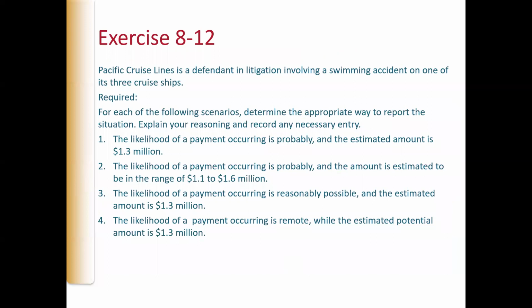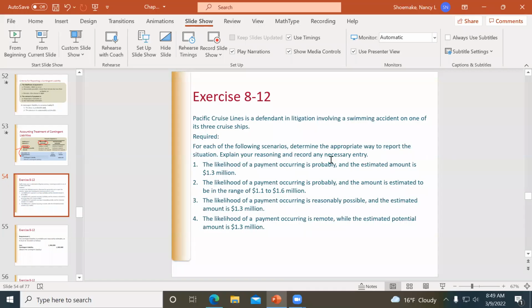So let's look at this example. Pacific Cruise Lines is a defendant in litigation involving a swimming accident on one of its 3 cruise ships. For each of the following scenarios, determine the appropriate way to report the situation. Explain your reasoning and record any necessary entry. So if the payment occurring is probable, not probably, okay.